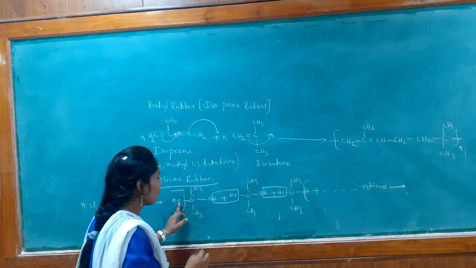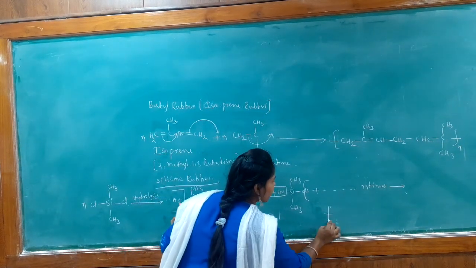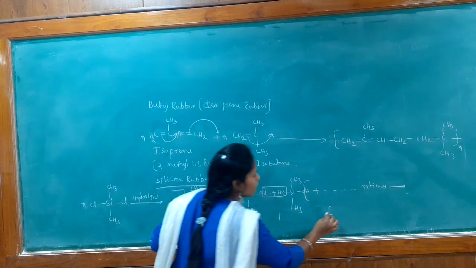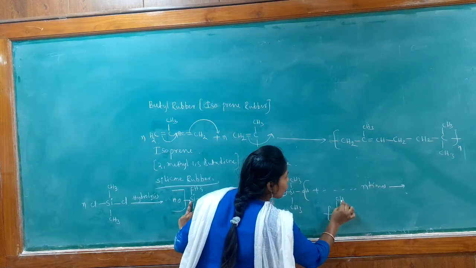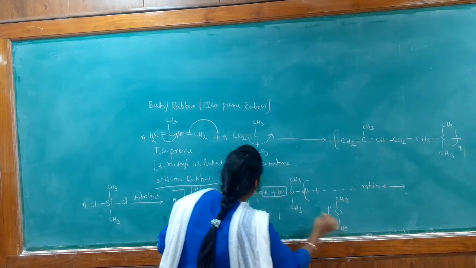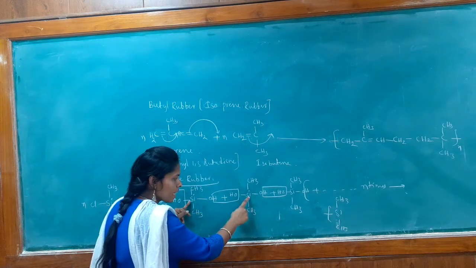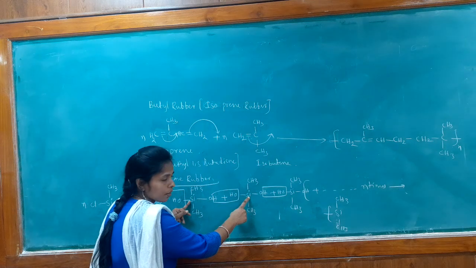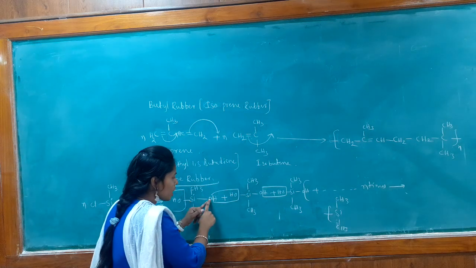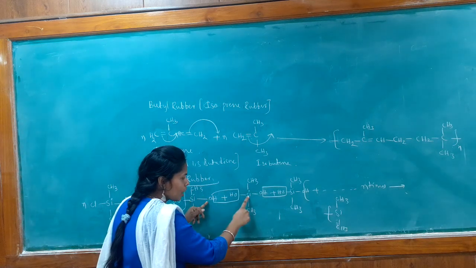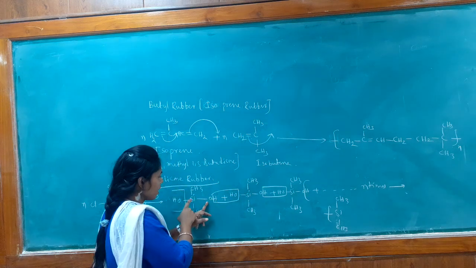So, what we will get now? Single bond, silicon, methyl groups. The new single bond is forming between this silicon and this oxygen due to the removal of water molecule.